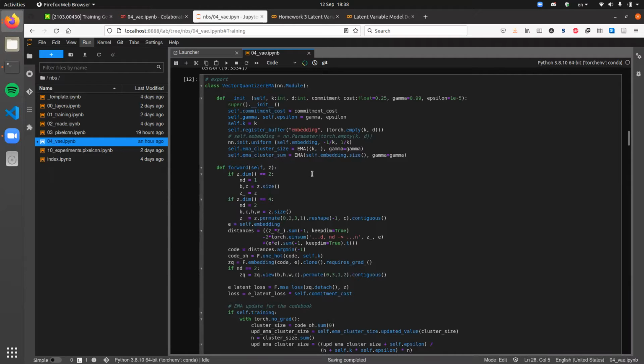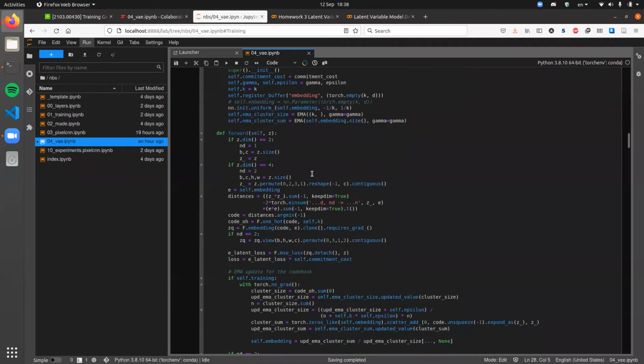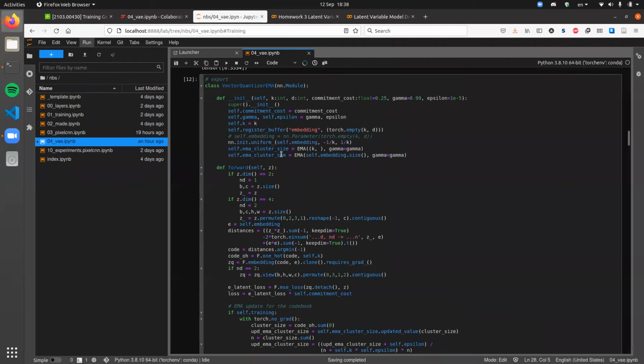So instead of learning the embeddings with gradient descent, using this second loss component we discussed here, we can just learn the embeddings to be the exponentially moving averages of the encodings that were the closest ones to those values.